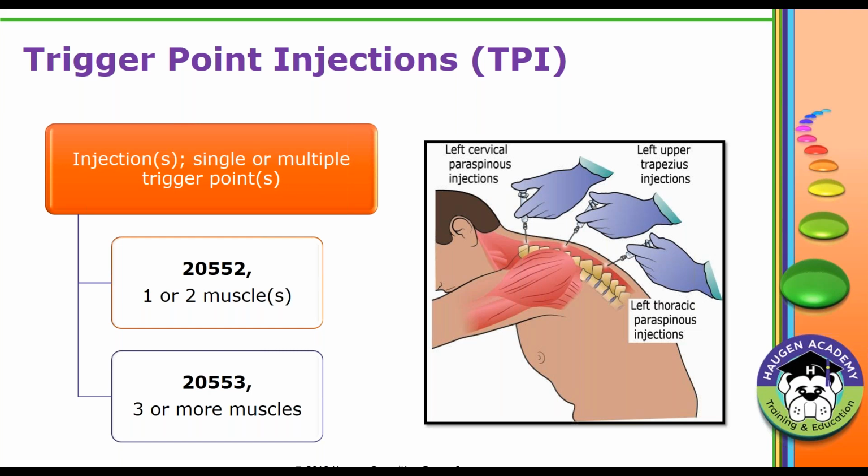So there's a picture there. And here are the codes as well: 20552 and 20553. And it's important to note that it's by muscle or muscles instead of by the actual number of injections that they do.